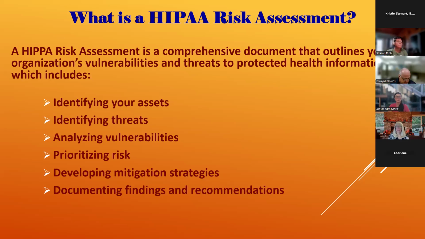Prioritizing risks, ranking threats based on their likelihood and potential impact. Developing mitigation strategies, that would be creating plans addressing and reducing identified risks. Last but not least, documenting findings and recommendations. So that would be organizing results and proposing actions to improve your security posture.